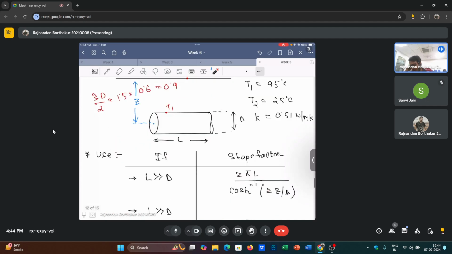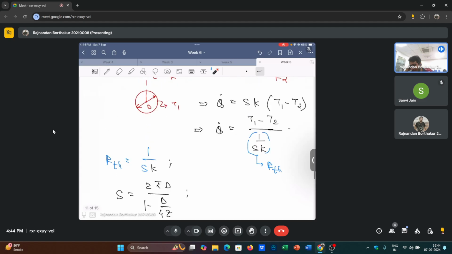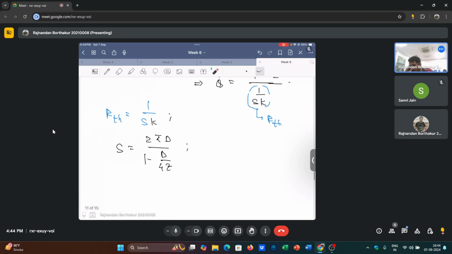Okay, this is just for this particular geometry. Let's say for a sphere, I already said this, the shape factor looks something like this. Similarly, shape factors are defined for all other geometries. Now, how they are calculated is beyond the scope of this subject. It is not possible to show you how this comes.